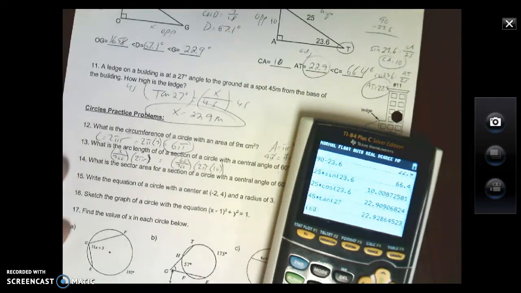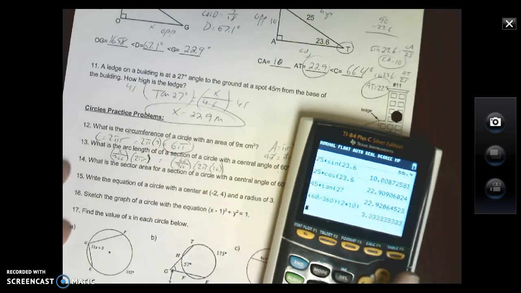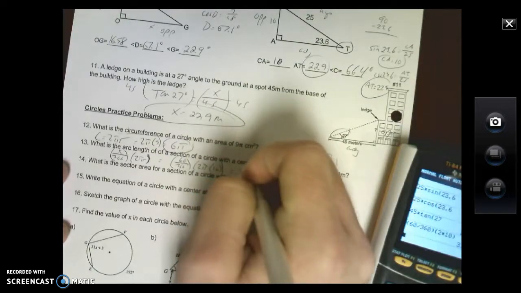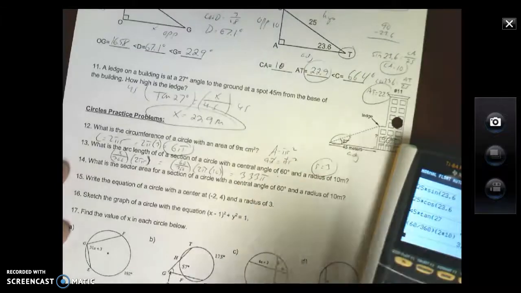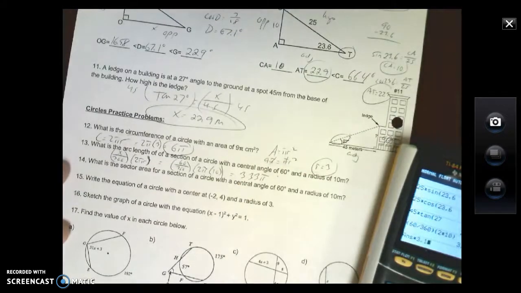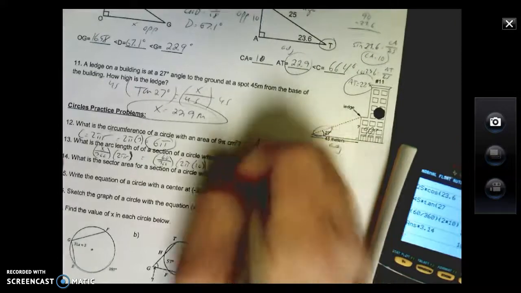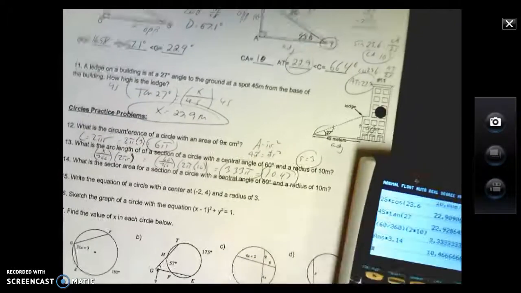So we're looking at 60 over 360 times 2 times 10, and then 3.33 pi, or if I multiply by 3.14, I get 10.47, whatever answer they chose to give you.